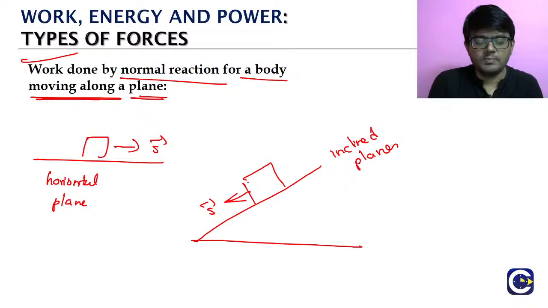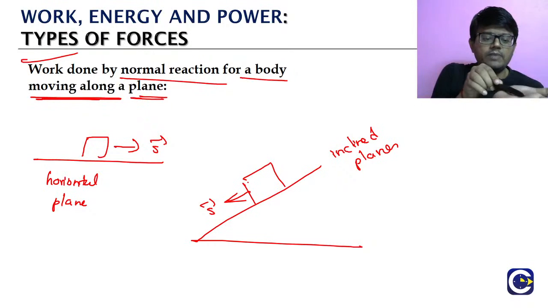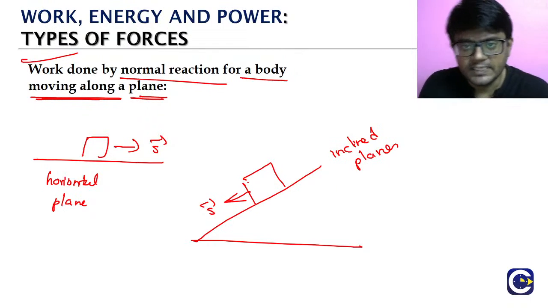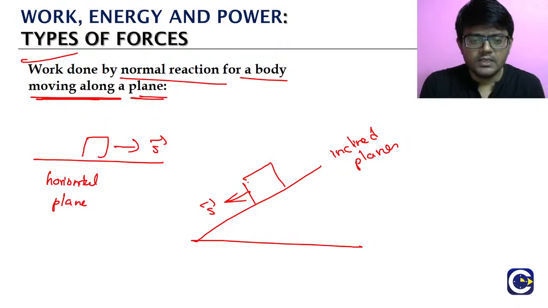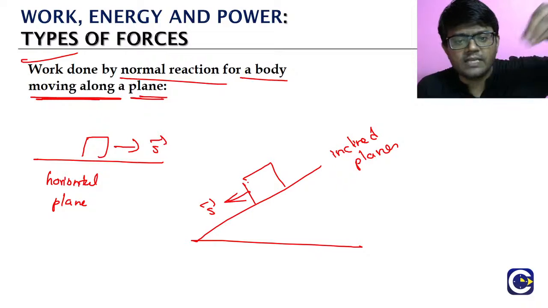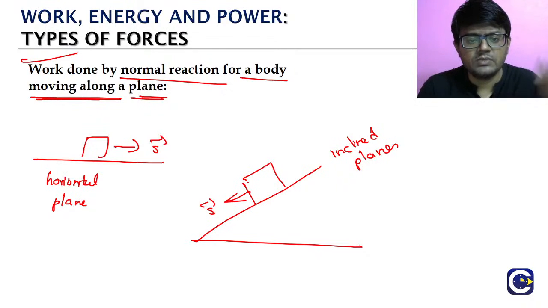If we have an object moving along a horizontal plane, the displacement is going to be along the horizontal. If you are moving an object along the inclined plane, then the displacement will also be along the inclined plane. It may be down the plane or upwards, but it will still be along the plane.